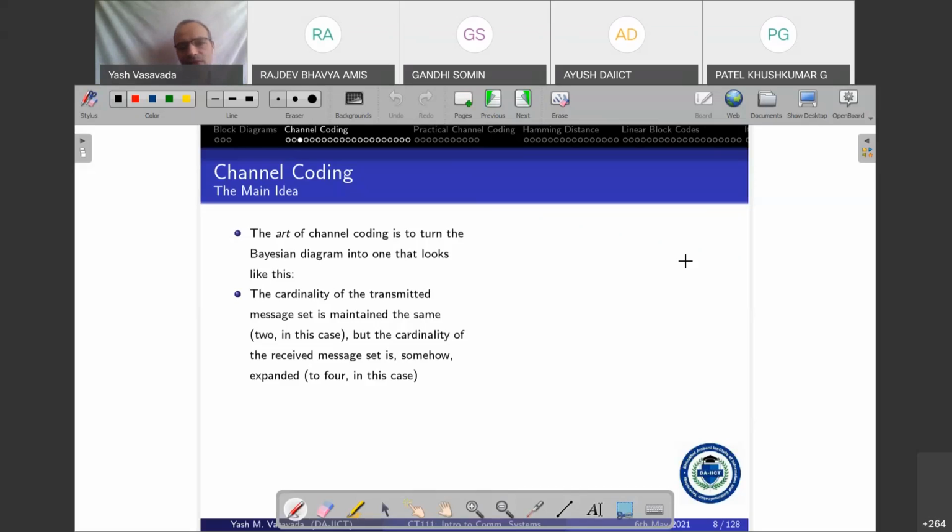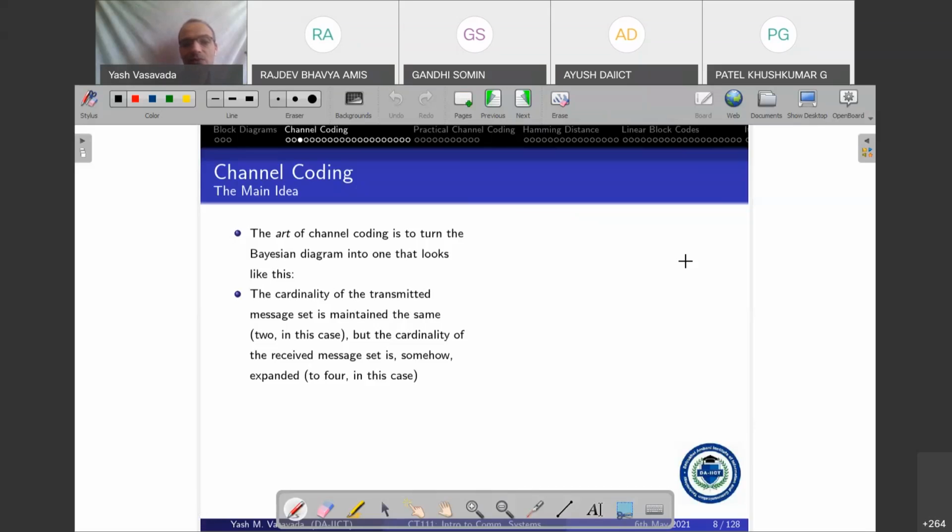If it is a binary source, then it generates x equal to 0 and x equal to 1. It generates bits. But we increase the number of distinct symbols that the receiver can get.